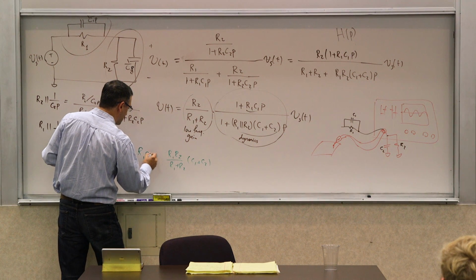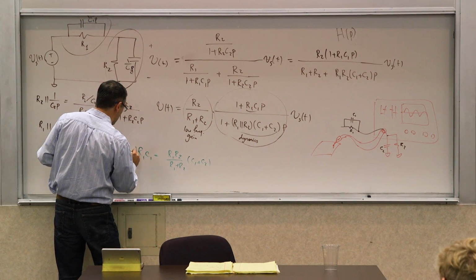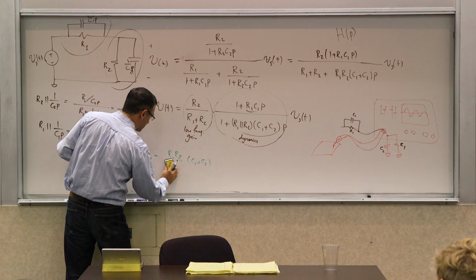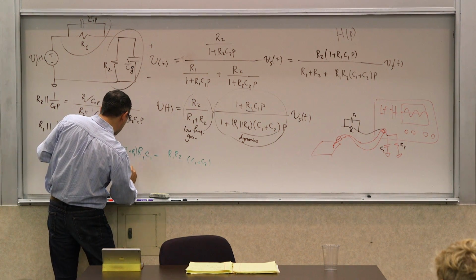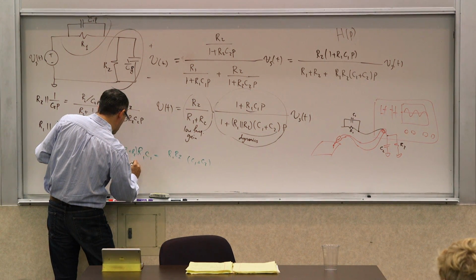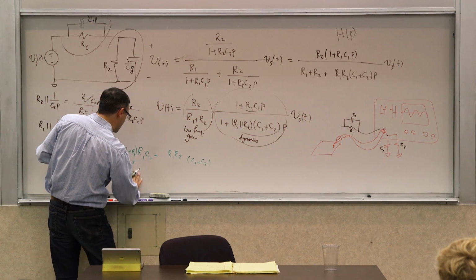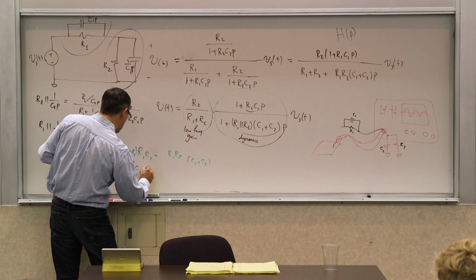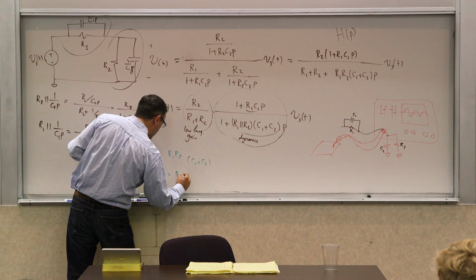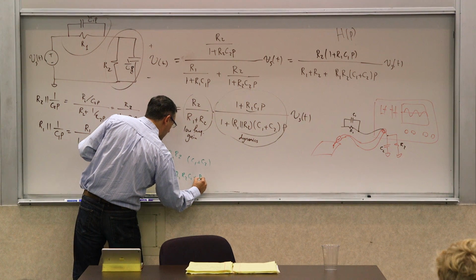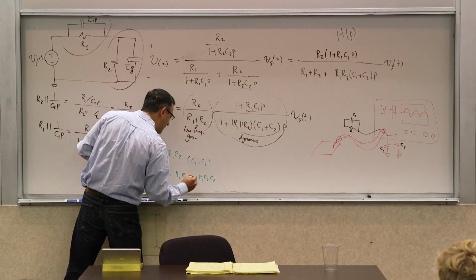I multiply both sides by this, so I get R1 plus R2 here, get rid of that. So then I will see that I have an R1 R2 here. So let's write it out. R1 squared C1 plus R1 R2 C1 equals R1 R2 C1 plus R1 R2 C2, right?